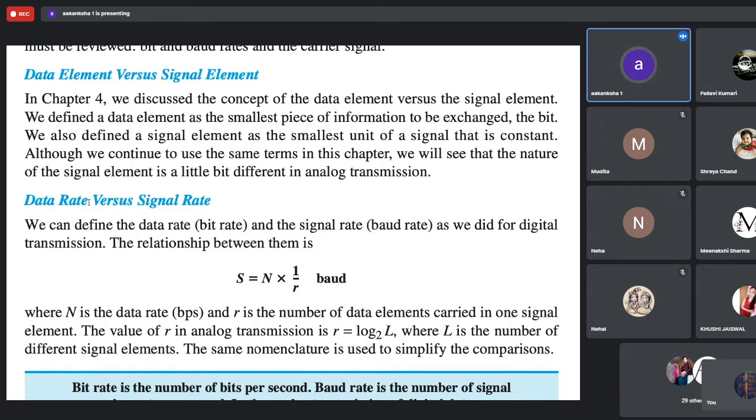We said R in analog transmission is equal to log 2 of L. Now in digital to digital conversion, what was L? The number of different signals, the number of signal levels were L.